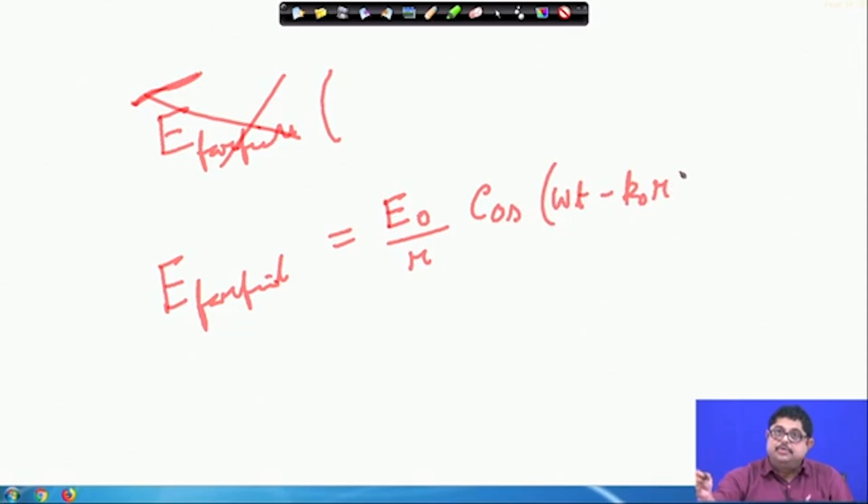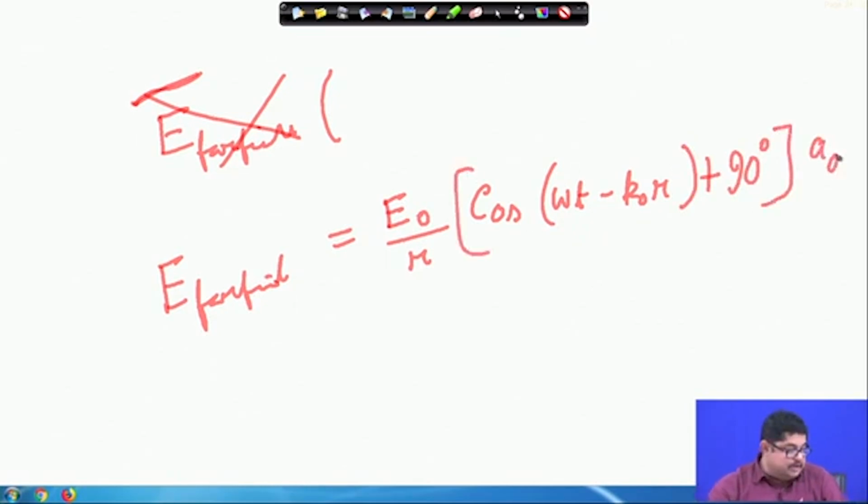K naught r is coming from e to the power minus j k naught r, plus there is a j term, and then A theta.